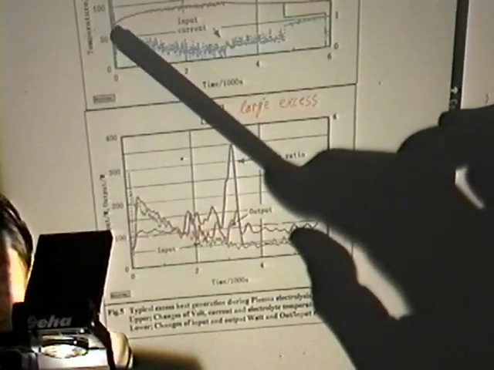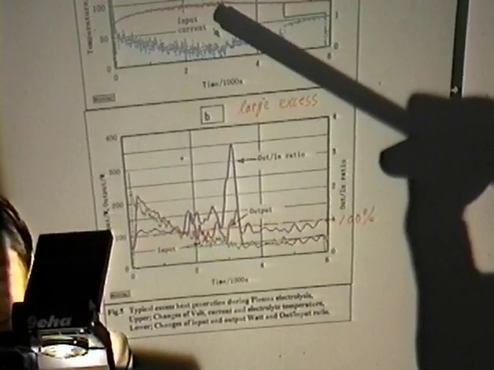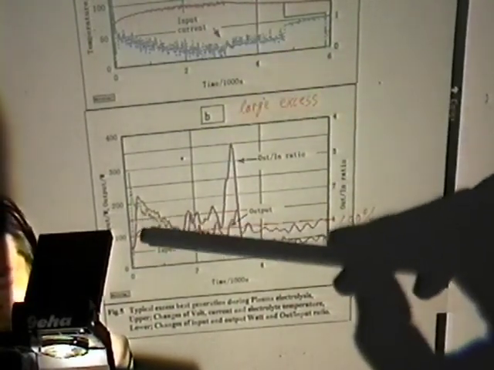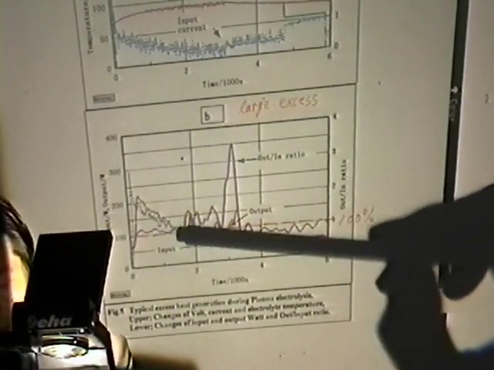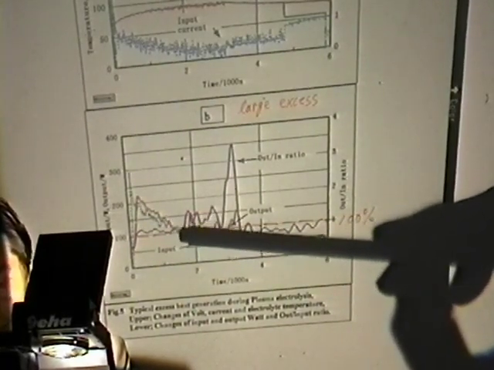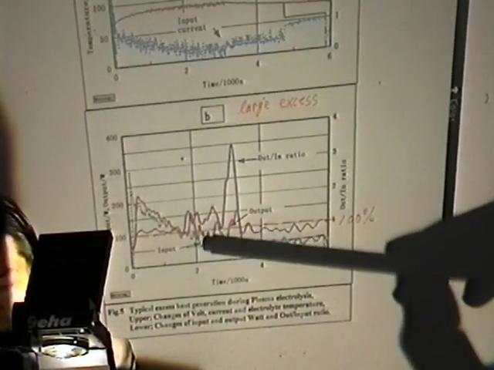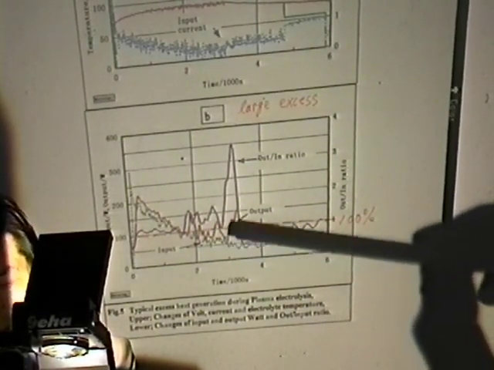The temperature goes up and stays around 80 degrees centigrade. And this green dotted line is the input power, and this red line is output. This means you can see that this is a net excess heat like that.